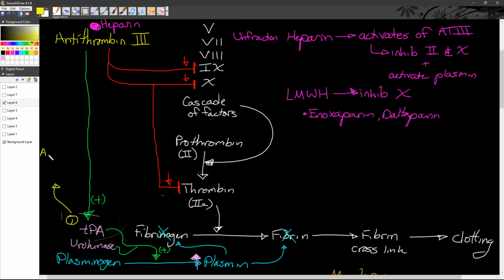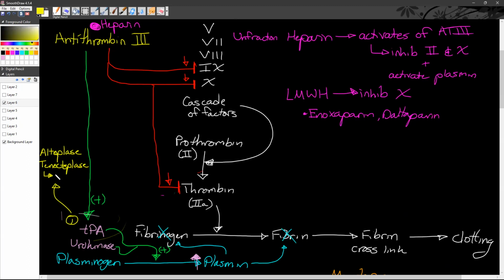We have alteplase, and we have tenecteplase. Oh, there's another one too, but I can't remember it. I think it is an R. What I will tell you is that there's another TPA one.